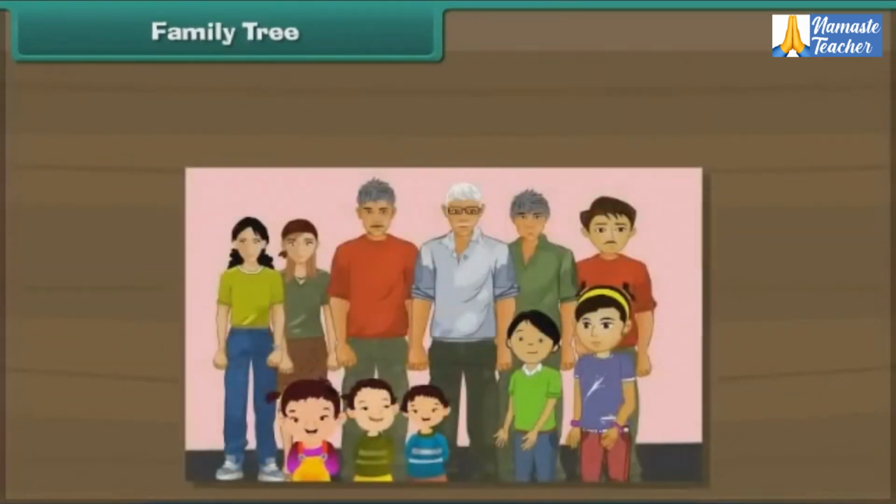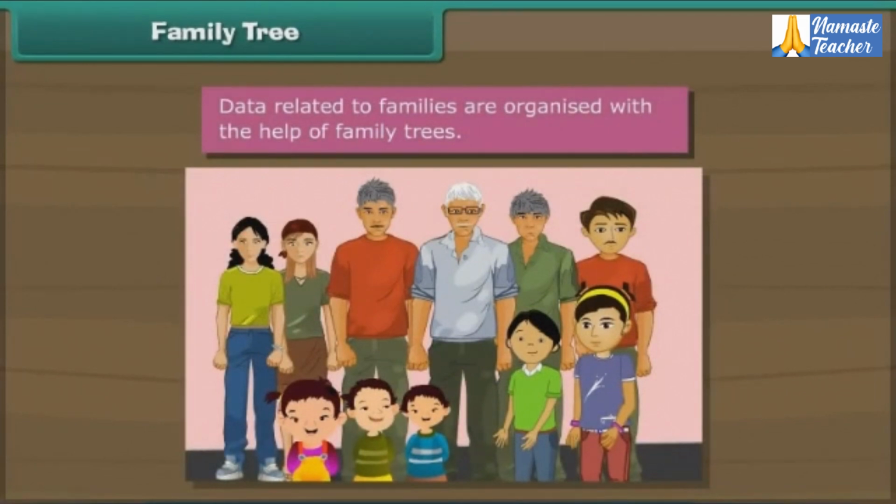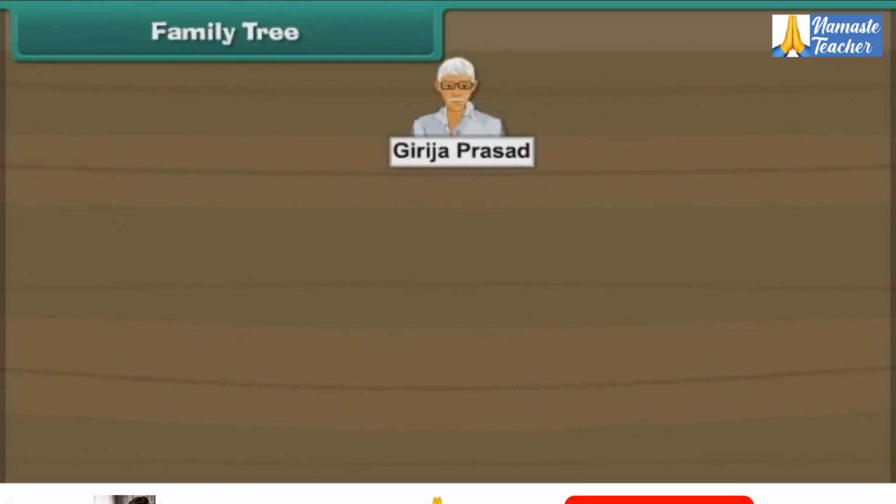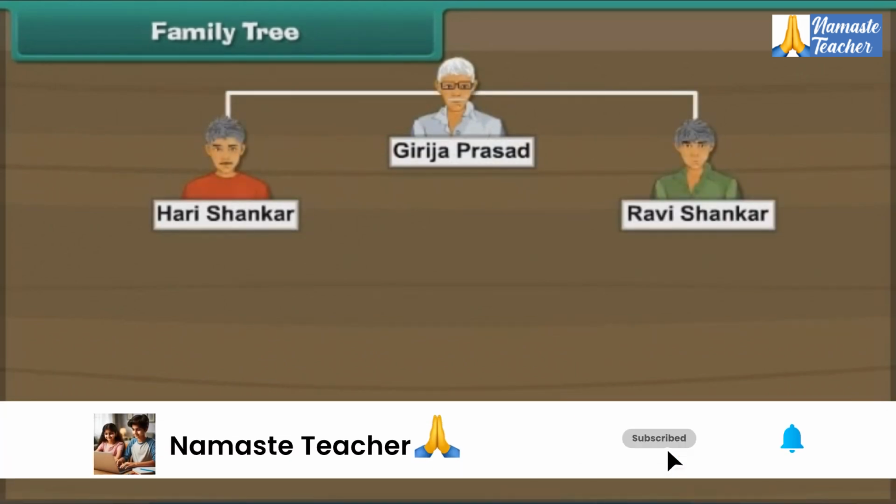Family tree. Data related to families are organized with the help of family trees. Ravi lives in a joint family. Let us represent his family with the help of a family tree. The eldest member in the family is Ravi's great-grandfather, Girija Prasad. He has two sons, Hari Shankar and Ravi Shankar.